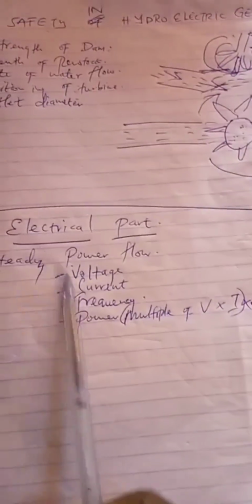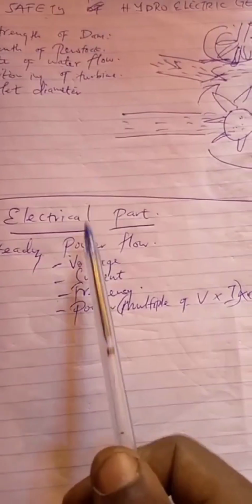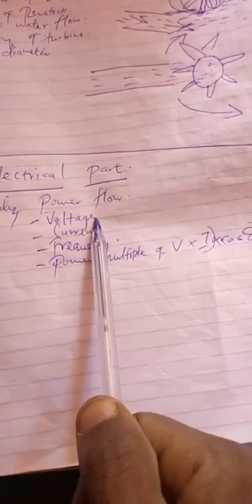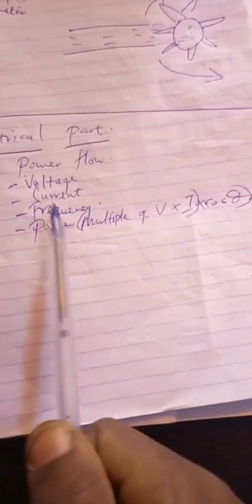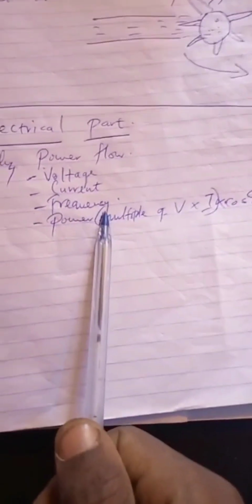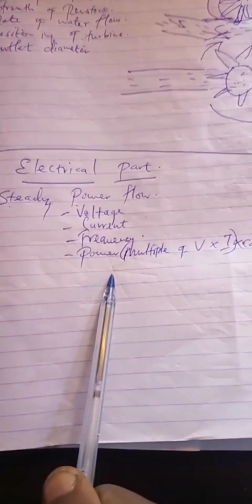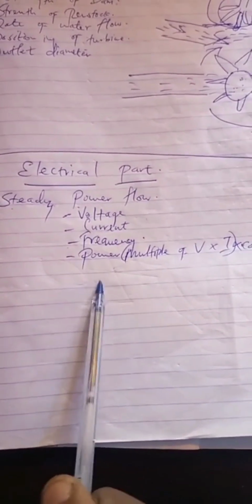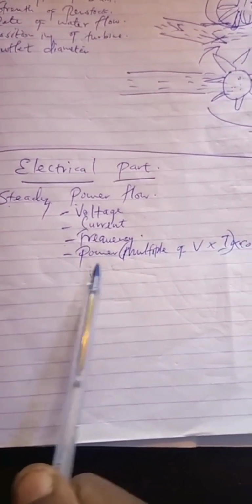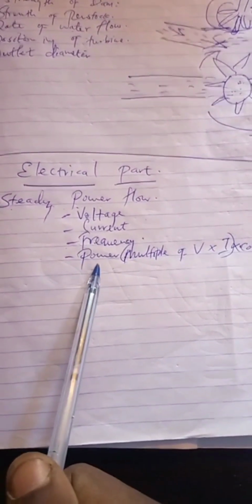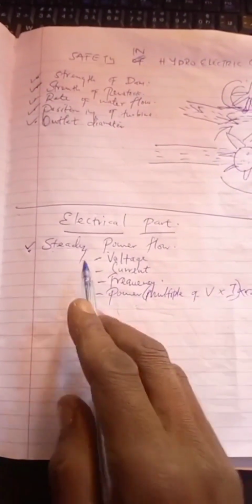So here our main aim is to produce power at a constant voltage, constant current, at constant frequency, and according to the power demand. That is why I have included power in this electrical safety. So we have to make sure we have steady power flow.